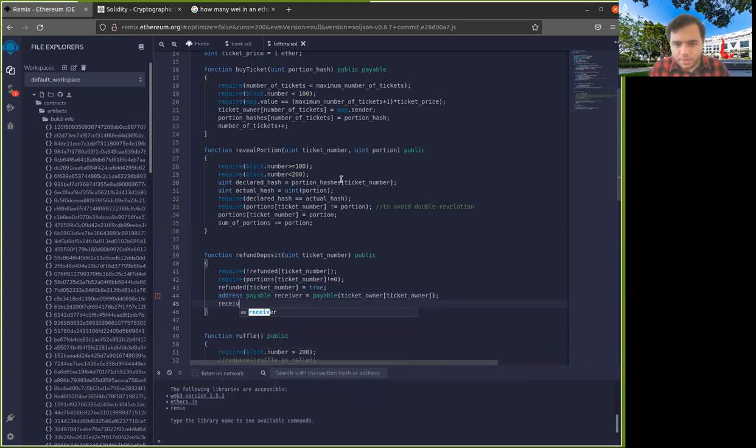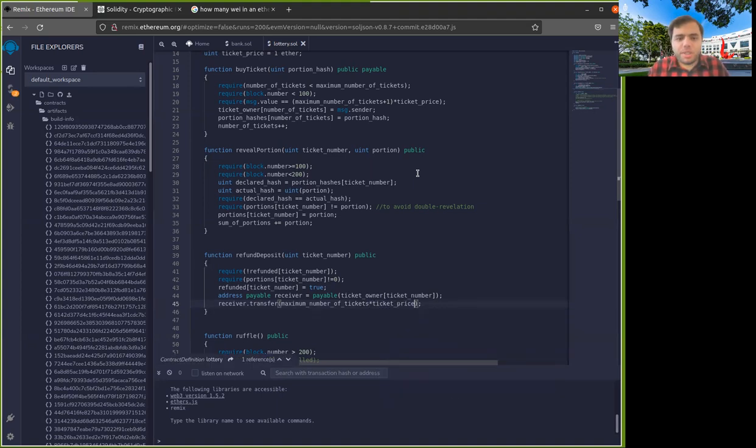Then I just say receiver.transfer, and of course, the amount of the deposit was maximum number of tickets times ticket price.